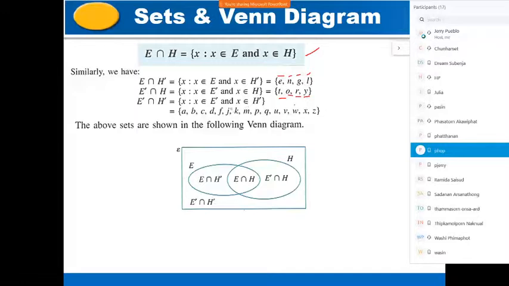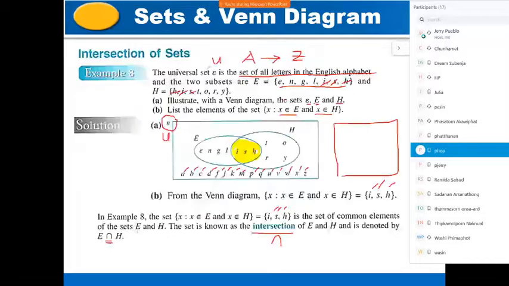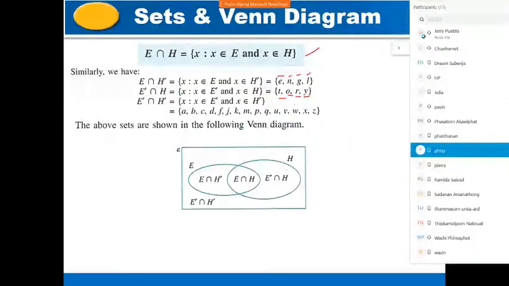Both outside means these elements are outside of E and H. That's why you have A, B, C, D, F, G, K, M, P, Q, U, V, W, and Z. That's why you have this answer here.